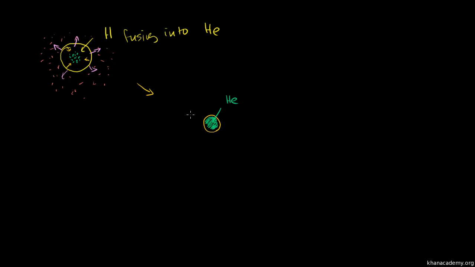So then, instead of having just the hydrogen fusion occurring at the core, you're now going to have hydrogen fusion in a shell around the core. So now you're going to have hydrogen fusing in a shell around the core.